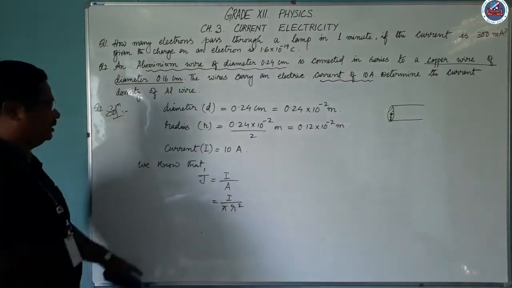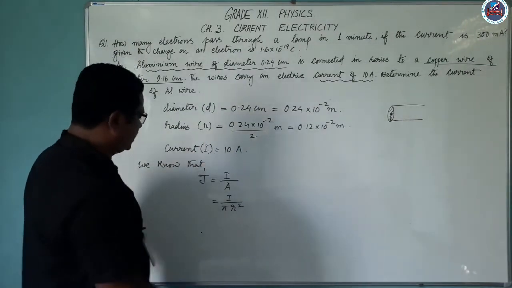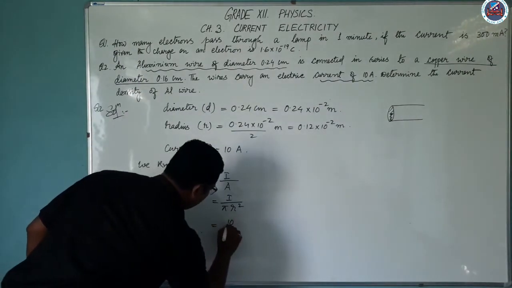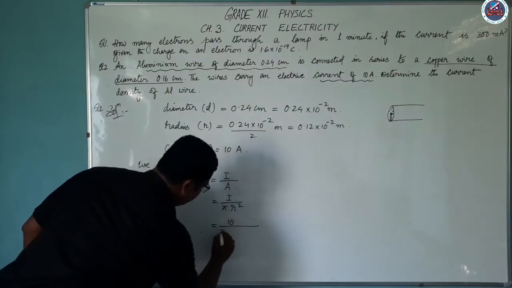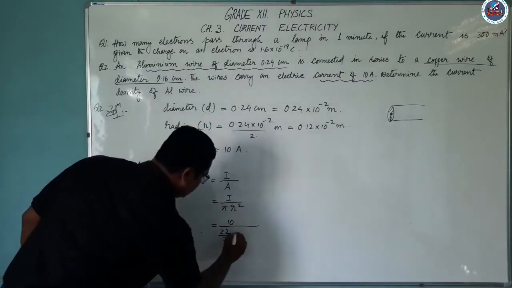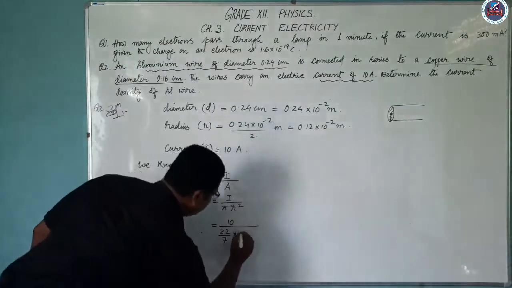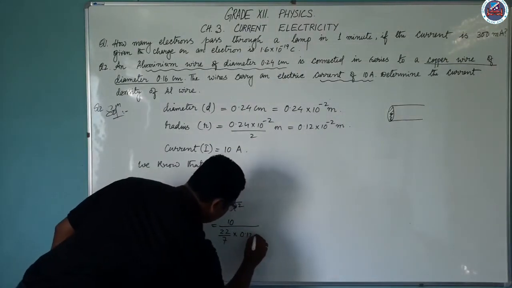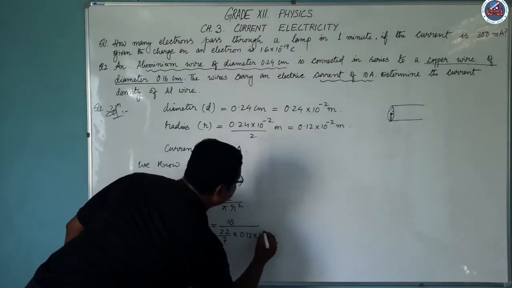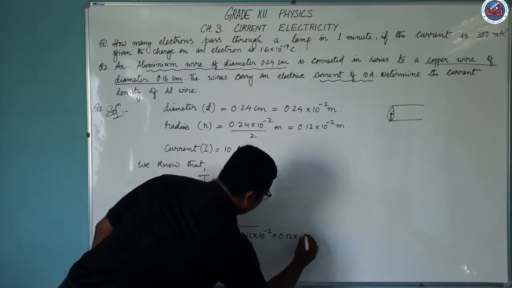This is the formula for area of circle. Then put the values. Current is 10 ampere. Pi value, as you know, 22 by 7, or you can use 3.14 as well. Then radius square, radius twice: 0.12 into 10 to the power minus 2 into 0.12 into 10 to the power minus 2.